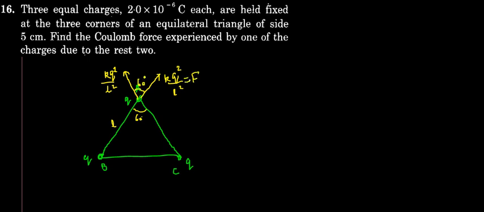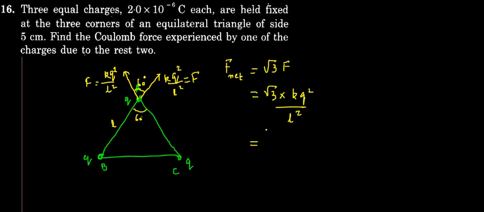So if you assume this one to be F and this one to be F, then your net Coulomb force acting on the charge at vertex A is given by the square root of F squared plus F squared plus 2 times F and F cosine of the angle between them, which will end up as root 3 times F. I think we've already done it in the previous videos, how we come up with root 3 times F. So this root 3 times F is KQ squared divided by L squared.